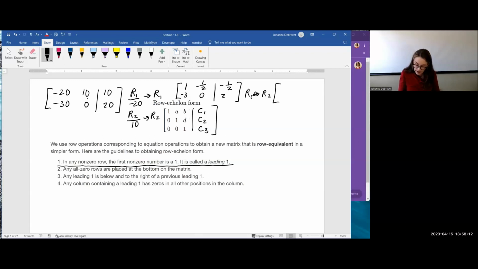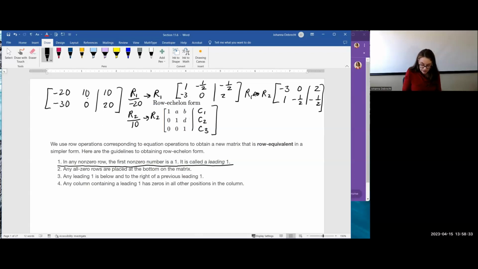And I'm going to have negative 3, 0, 2, 1, negative 1/2, negative 1/2. And now I've got a problem again because this is not a positive 1. So I want to get rid of, and sometimes we do these in different orders.